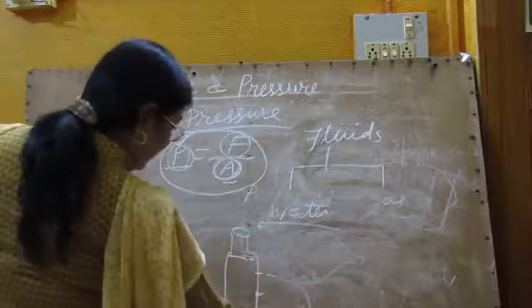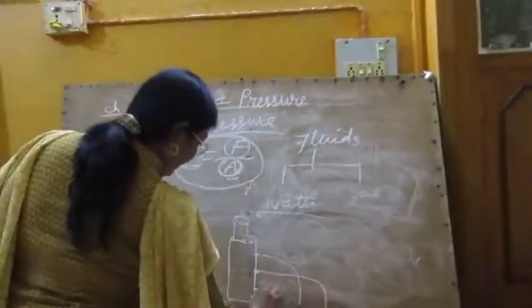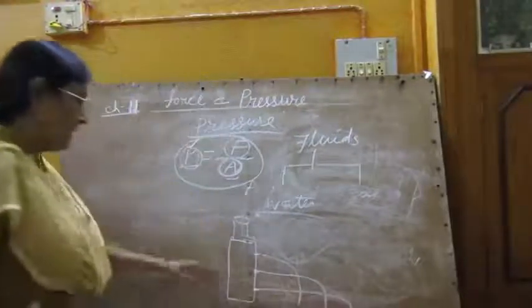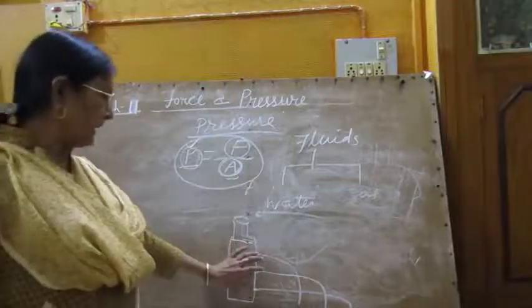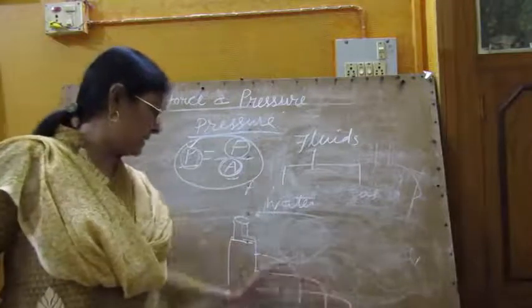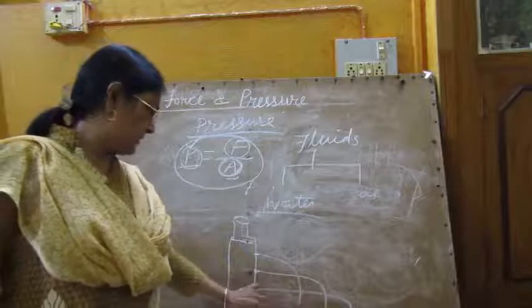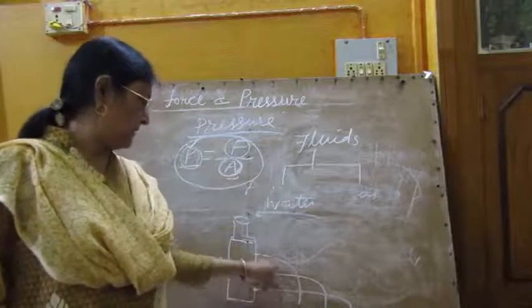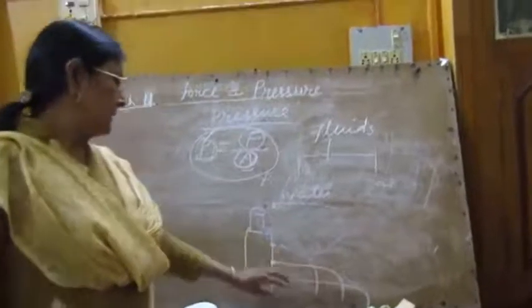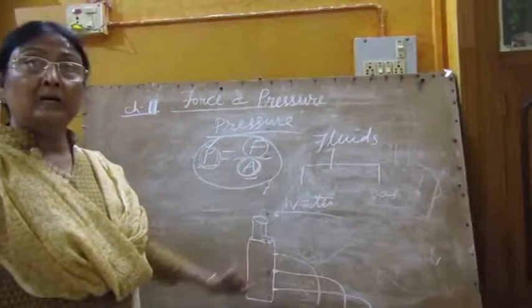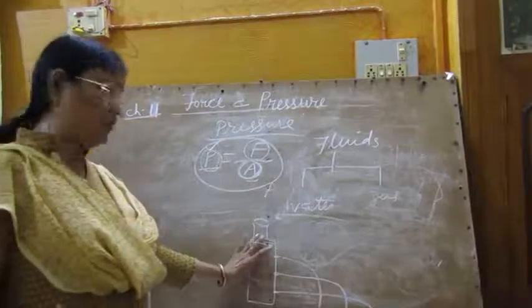You see the water flowing like that, and the last one like that. In 3 directions, at 3 distances from the bottle, the flow comes out. This is due to the pressure of the liquid.